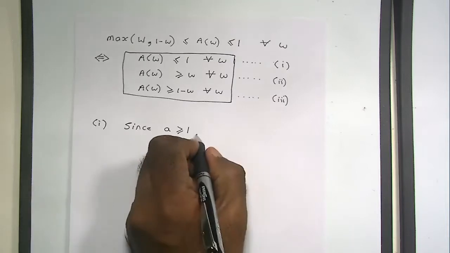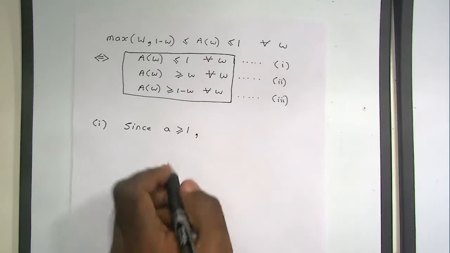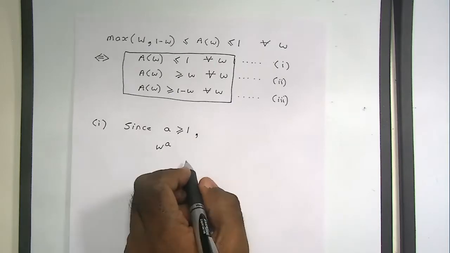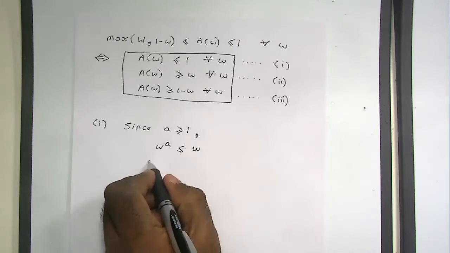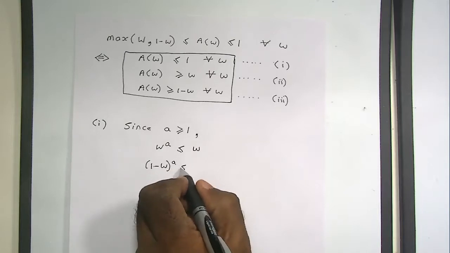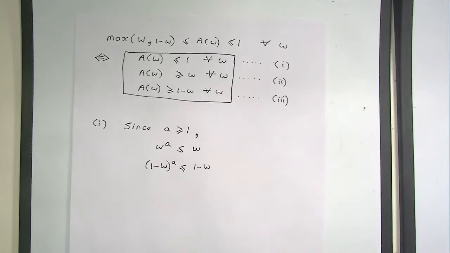I should have mentioned that A is a number that is greater than or equal to 1, which implies that omega to the power A must be less than or equal to omega. We know that because if omega is a number between 0 and 1, the higher the power, the smaller it will get. So since A is greater than or equal to 1, omega to the power A will be less than or equal to omega. That's because omega is between 0 and 1, so when you increase the power, it gets smaller and smaller.